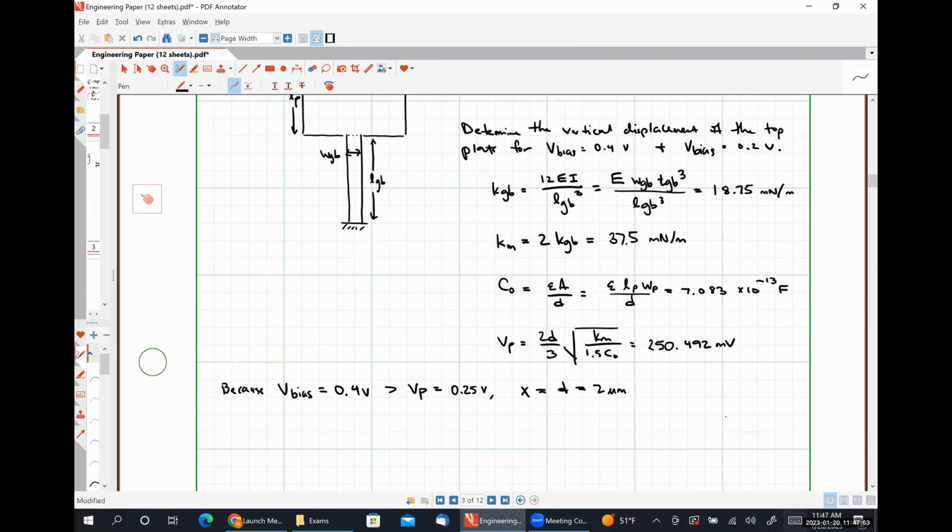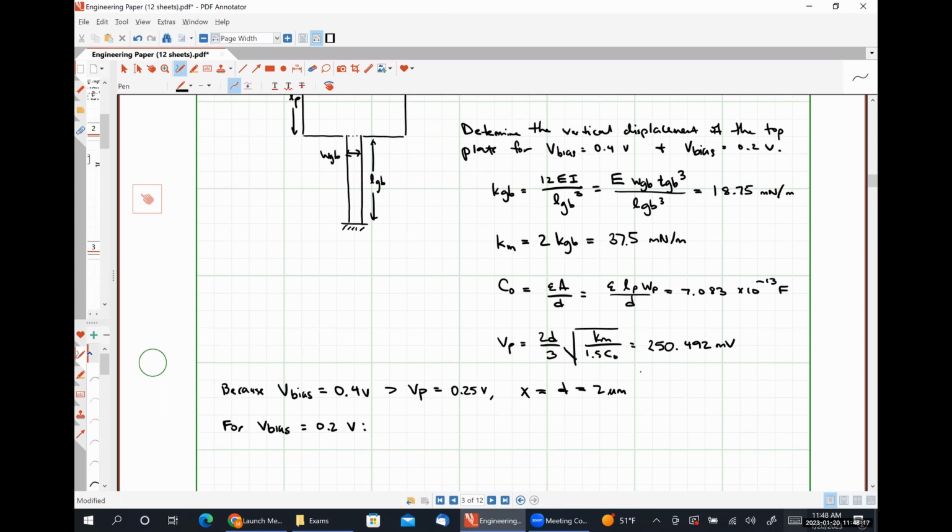Okay. Now, for our 0.2 volt bias voltage, that's obviously less than our pull-in voltage. So we should still have variable capacitor performance.